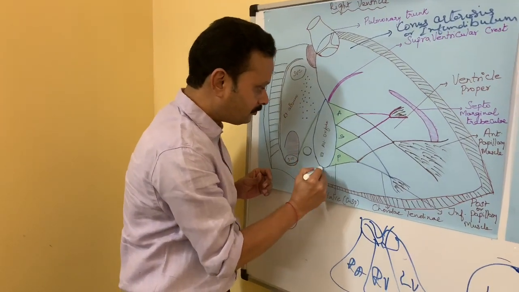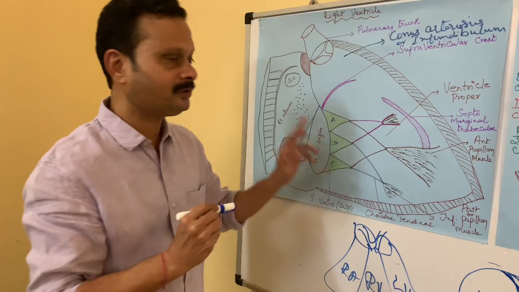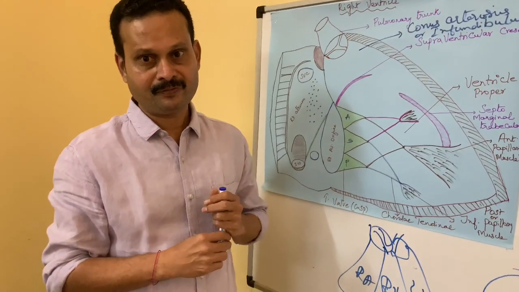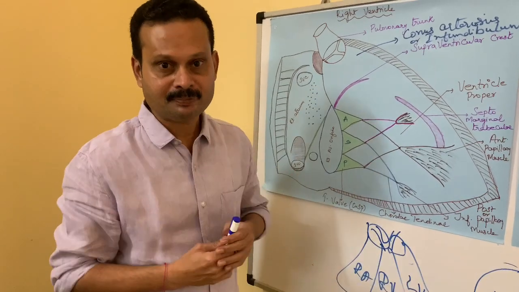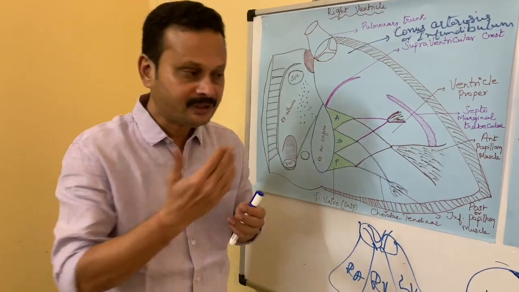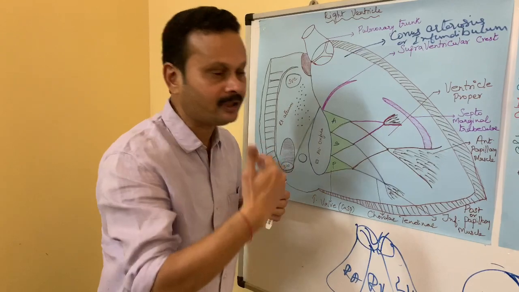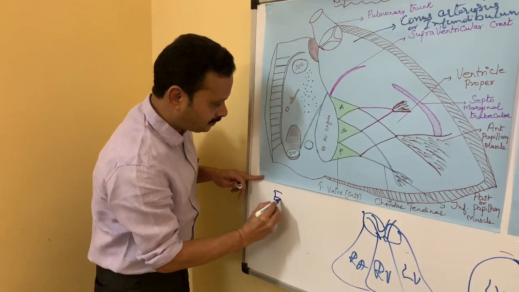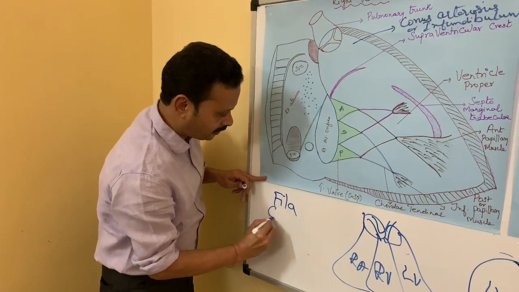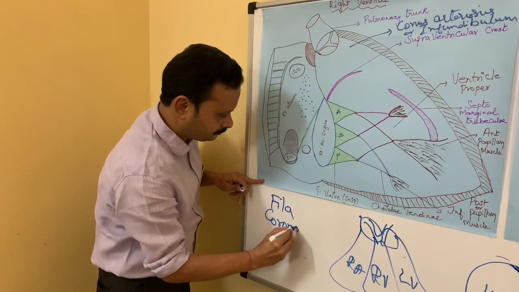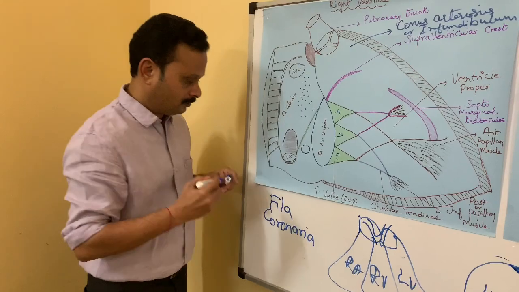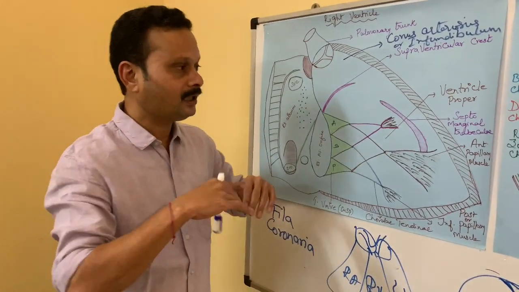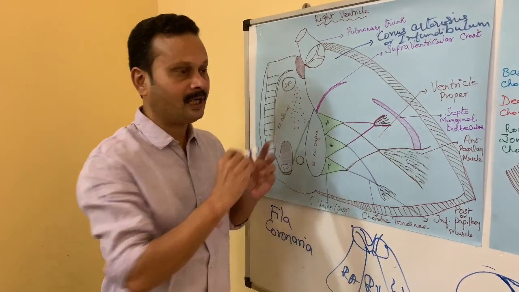It is usually arranged in the form of two rims, an anterior rim and a posterior rim, and each rim is called the fila coronaria. So that is about the tricuspid orifice and the tricuspid annulus.